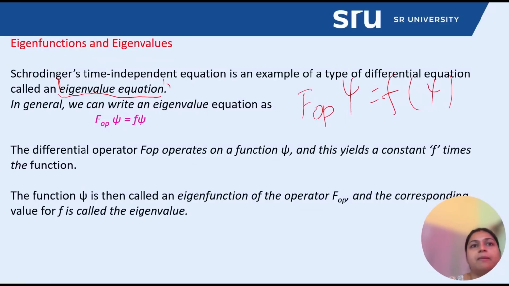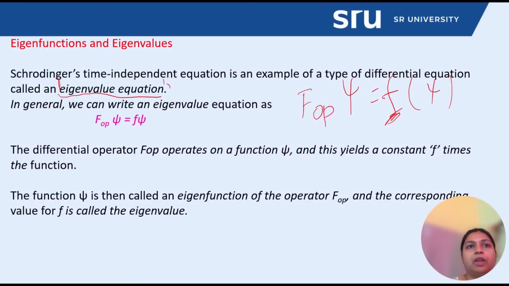This differential operator F operates on the function psi and yields a constant f times the function. The function psi is called the eigenfunction of the operator F, and the corresponding value of f is called the eigenvalue.